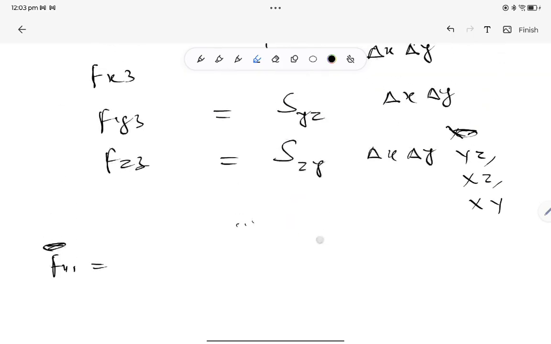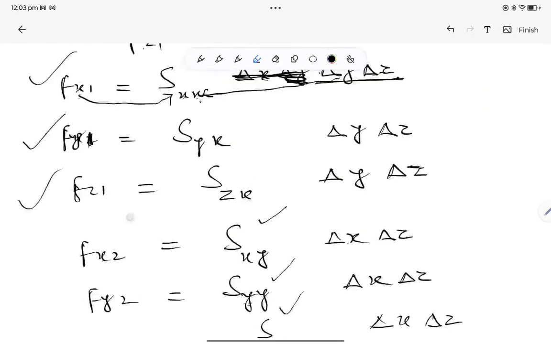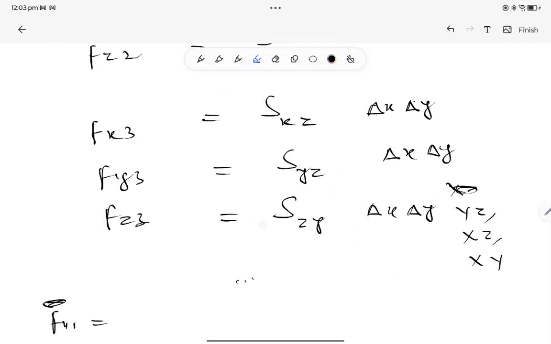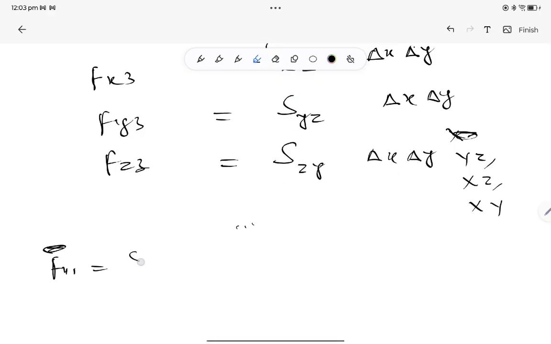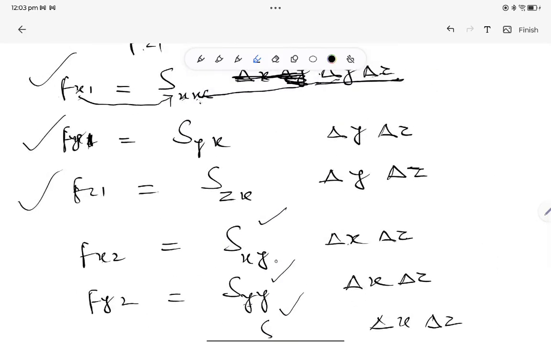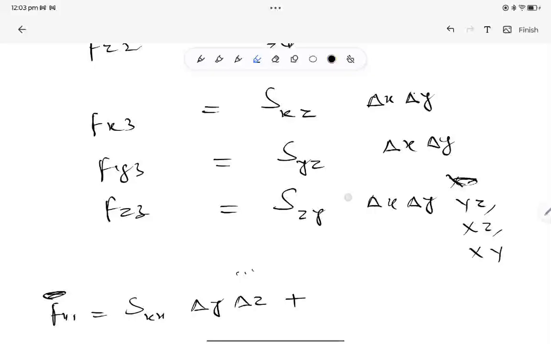Fx1 is equal to Sxx into this area, delta y, delta z, plus then again the x component, Sxy, delta x, delta z.